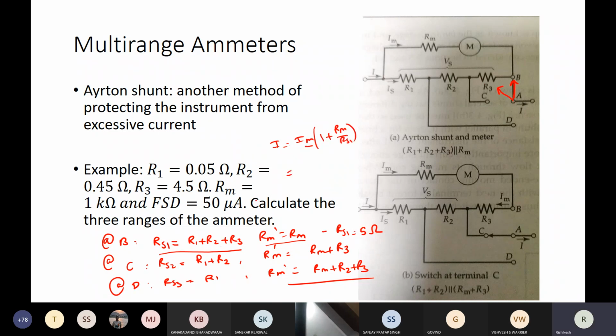Im is already given, 50 microampere. 1 plus Rm is how much? 1 kilo ohm, divided by Rs, which is 5 ohm. How much is this? Approximately you can calculate.